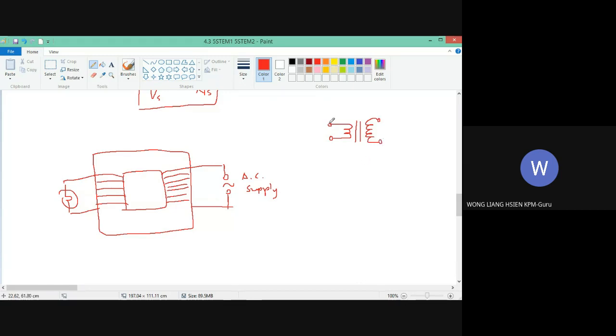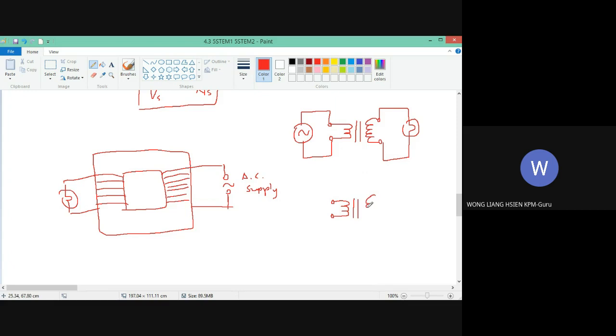If this one connects to the power supply and this one connects to a load, then this will become a step-up transformer, because this is the primary coil and this is the secondary coil. However, if you just flip it, same thing.